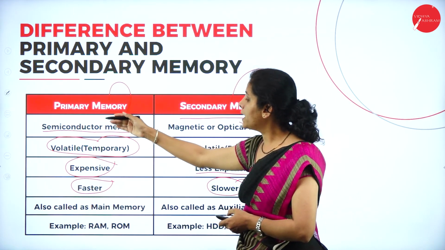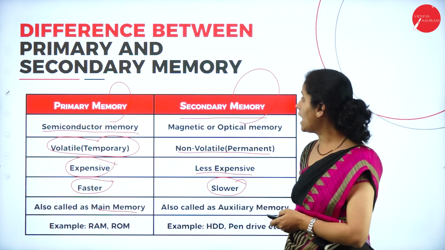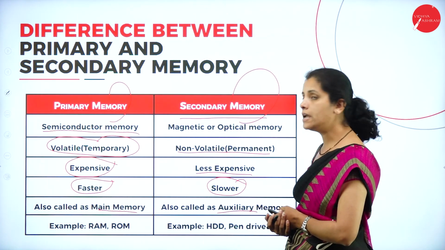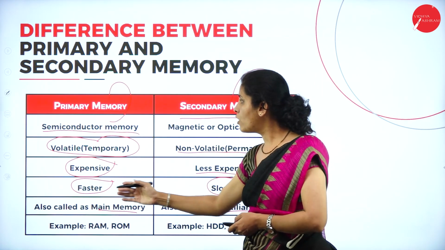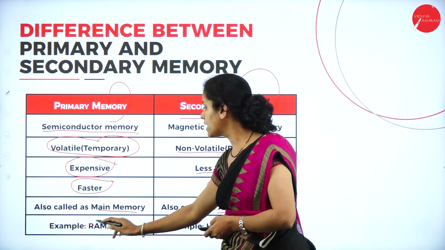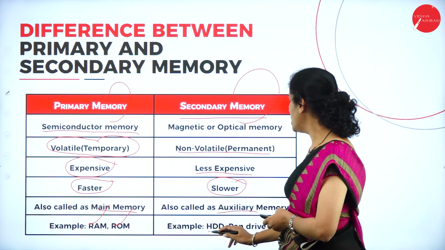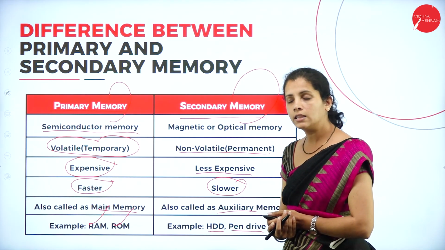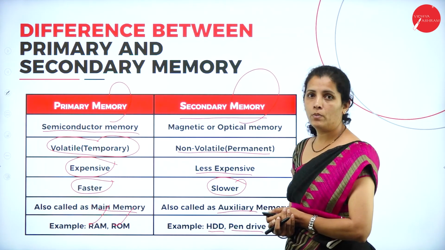The primary memory is also called main memory, whereas the secondary memory is also called auxiliary memory. The examples for primary memory are RAM and ROM, and for secondary memory, hard disk, pen drive, etc. So, these are the differences between primary memory and secondary memory.